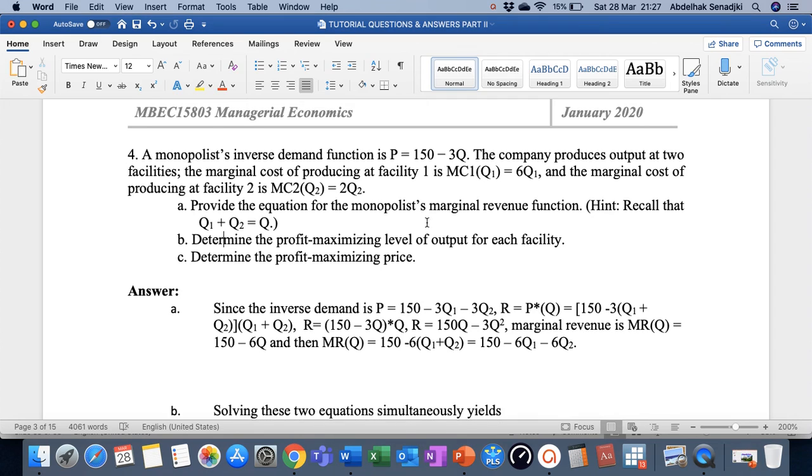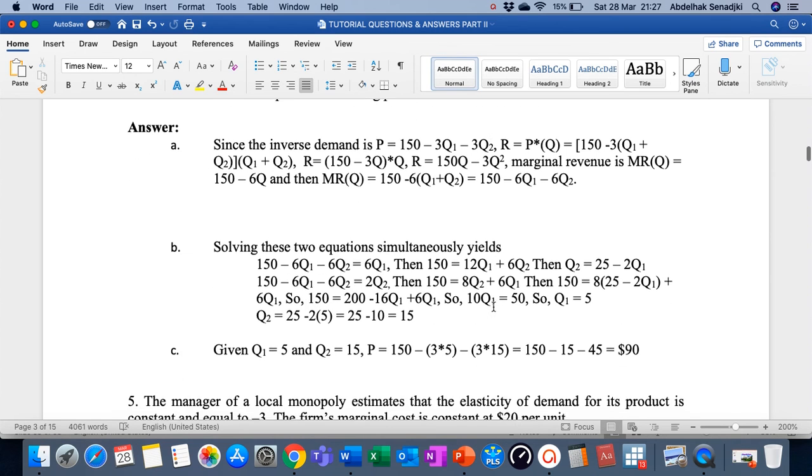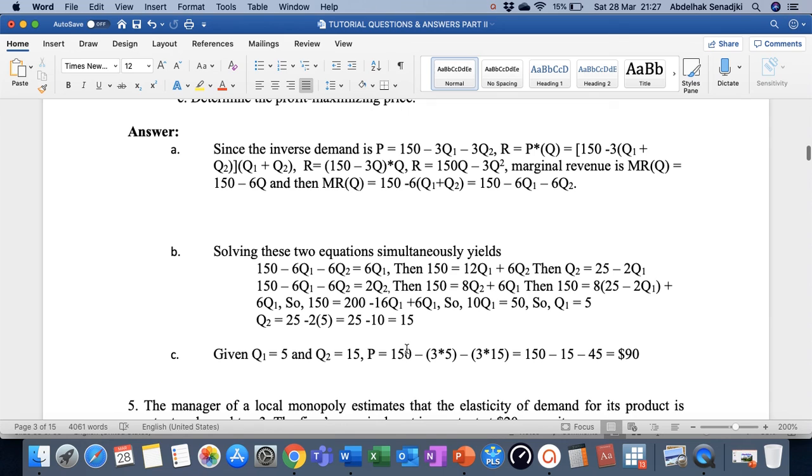So either we put 150 minus 3 times Q, which is 5 plus 15, so it means 150 minus 3 times 20, which is 150 minus 60, equals 90. Or we put P equals 150 minus 3Q1 minus 3Q2. So P equals 150 minus 3 times Q1, which is 5, minus 3 times Q2, which is 15, and equals 90.